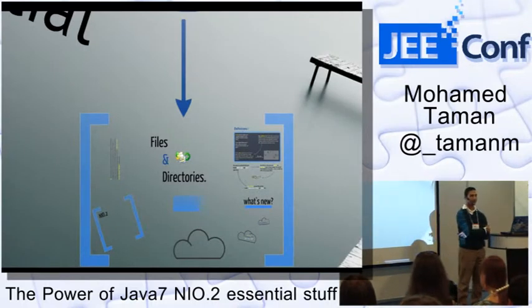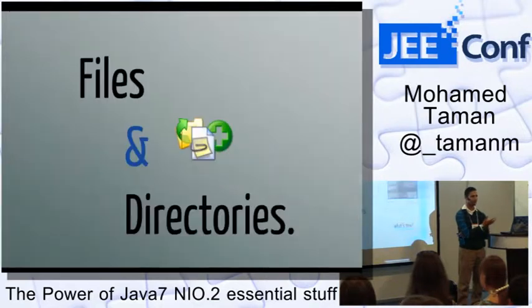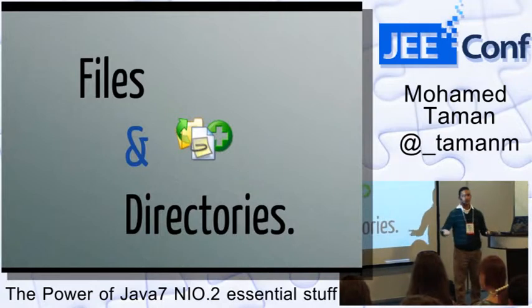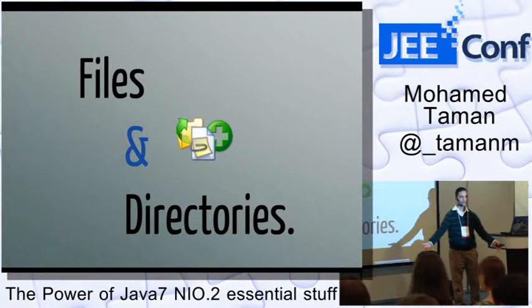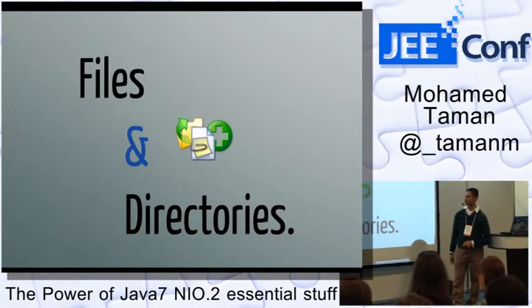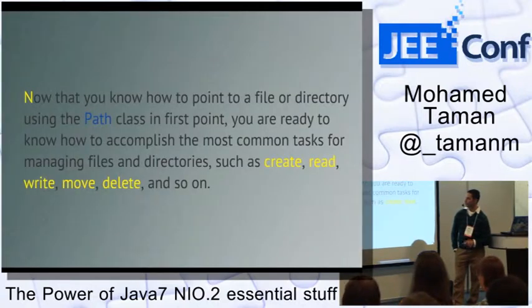Now, as we know about POSIX and memory operations, I'm deciding to create a file, to create the link, the hard link, the symbolic link, to delete, to copy, to move, to list directories, to create temporary directories. How can I do this? It's all about files and directories. We need to do these normal operations and more and more.